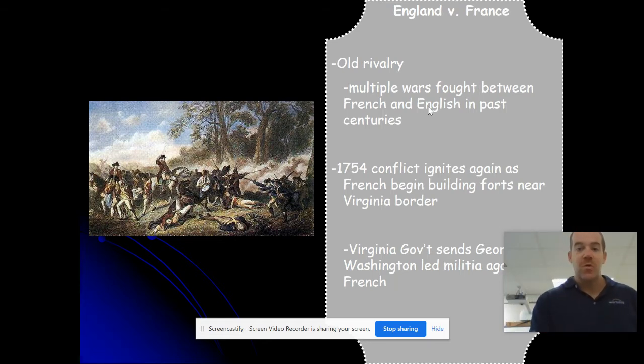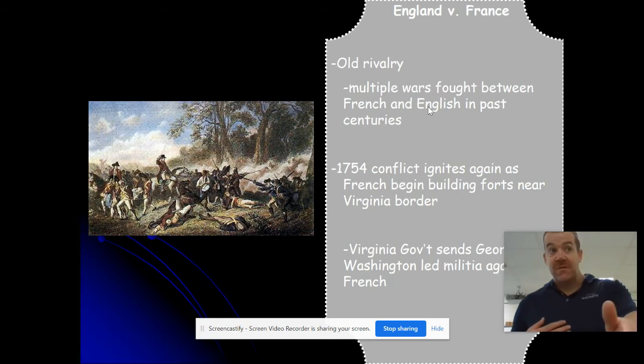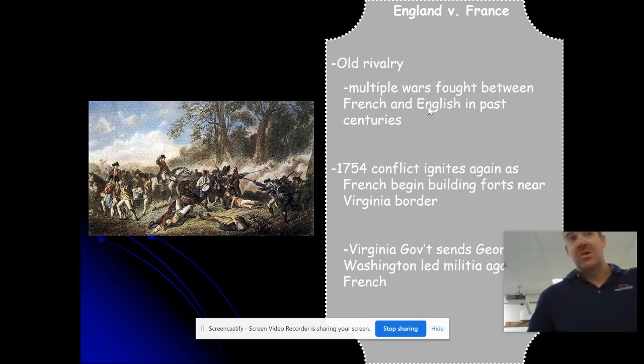In 1754 is when this French and Indian War ignites. The French were building forts in Virginia on the border there, and the British wanted to expand even into French territory. So there's a dispute over this land.